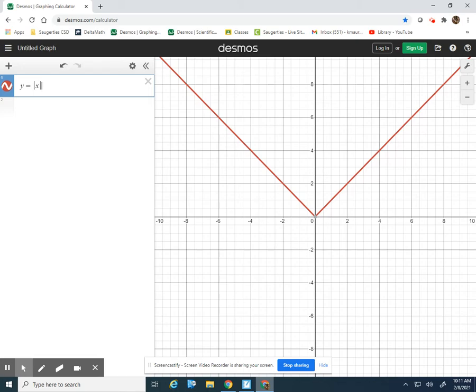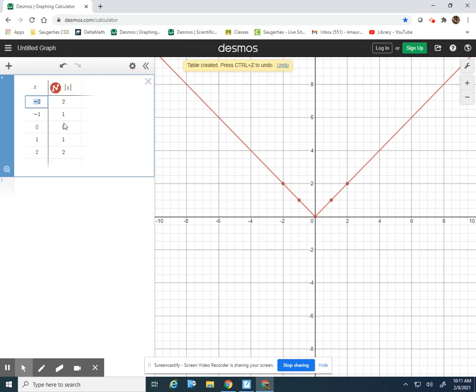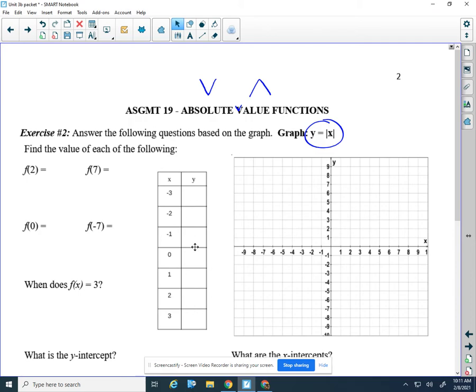So I'm going to go to my table, click on my gear. Now ours goes to -3, so I'm just going to throw that in down here, -3. So we already have -2, -1, 0, 1, 2, and 3. So we're going to copy those values carefully into this table here.